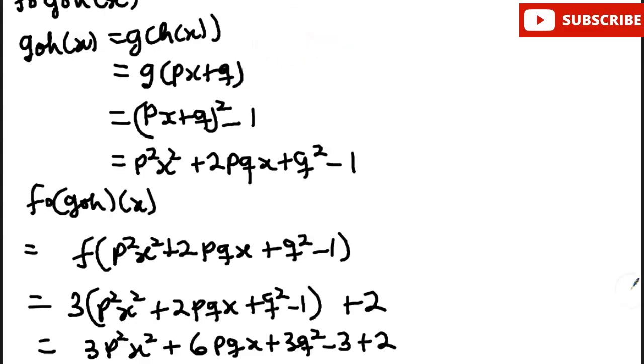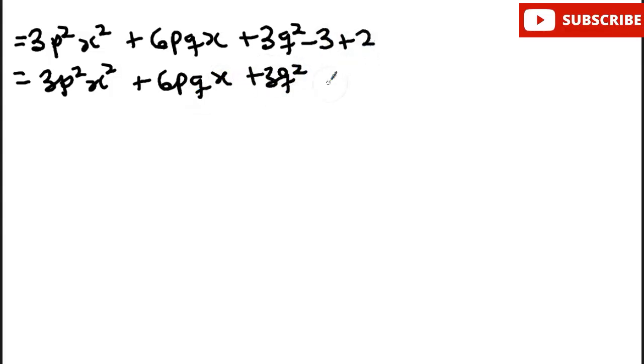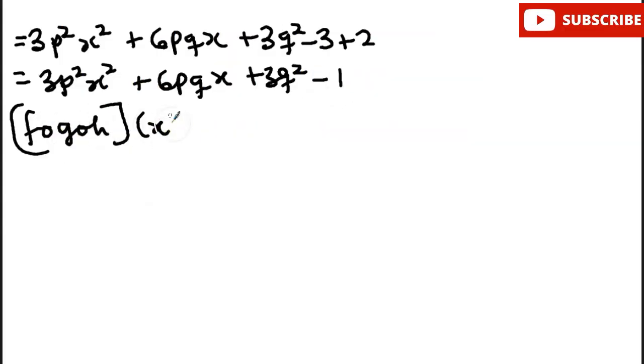Giving us what? We were told that f g h of x is the same as 3x squared plus 12x plus 11.